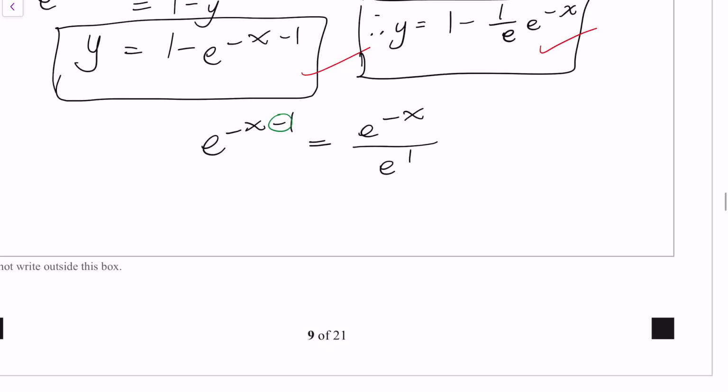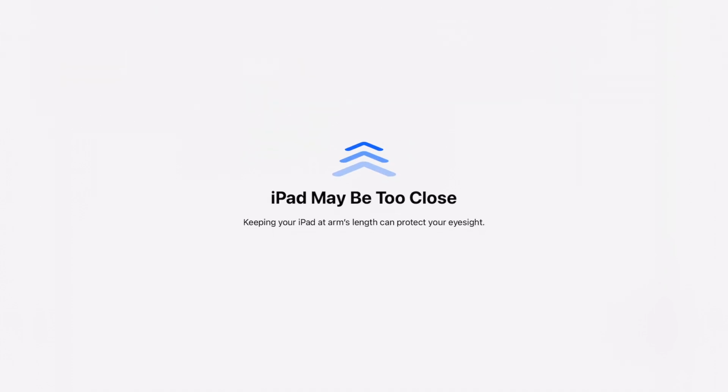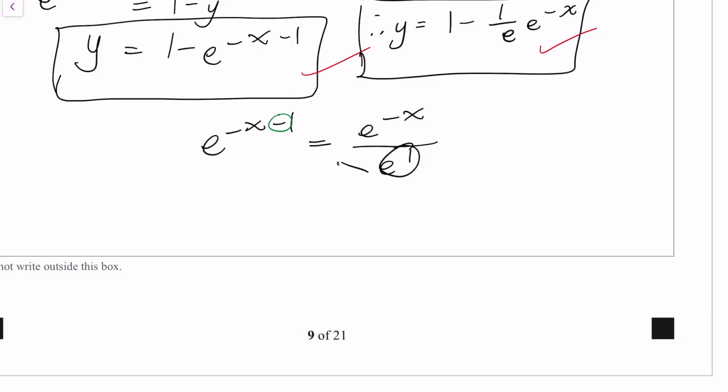Okay, and so I'm just taking this e on the bottom and putting that in the front to say that's equal to 1 over e times e to the negative x.